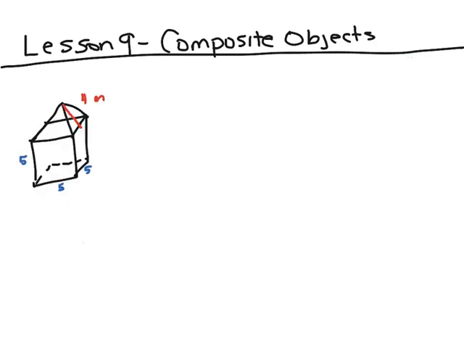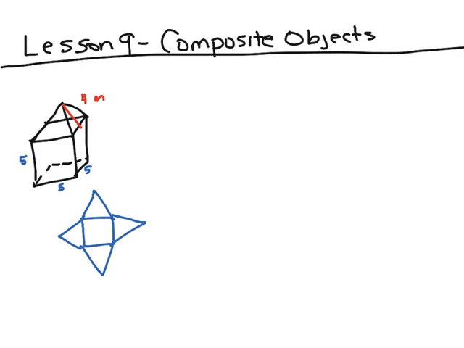For the next example, we want to find the surface area of this house shape. So if we were to draw the net of just the top pyramid, we have our middle and our 4 triangles.